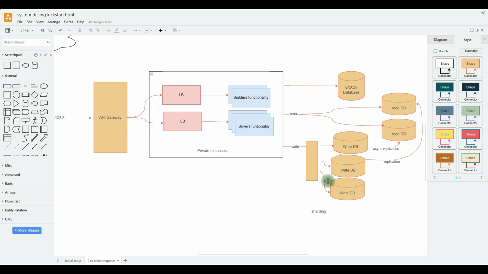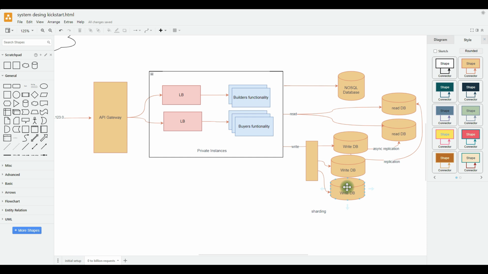What criteria we choose to separate that data depends. In this case, I chose the country as the criteria to have different databases. Another criteria can be celebrity. If I have a particular table with celebrity data, let's take the example of Instagram.